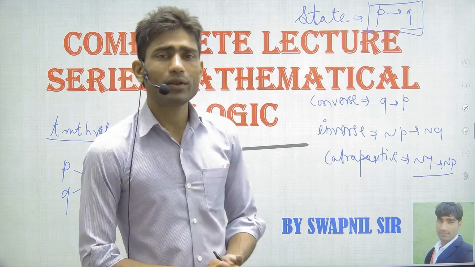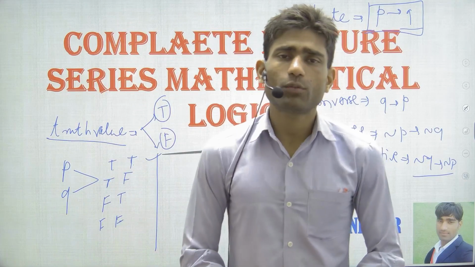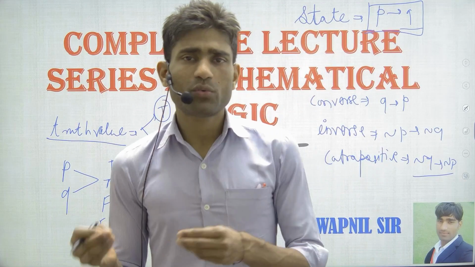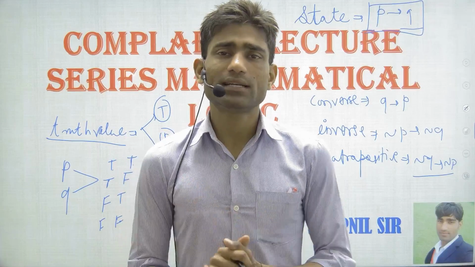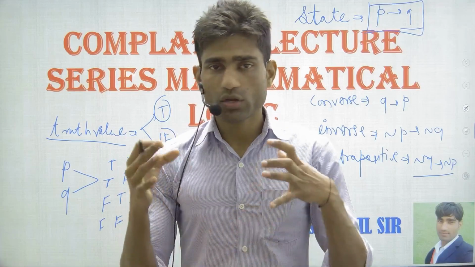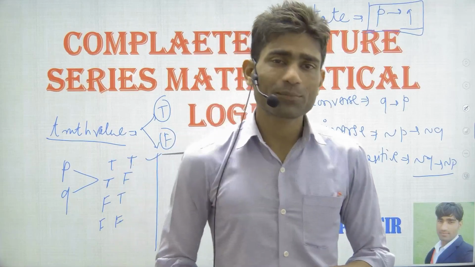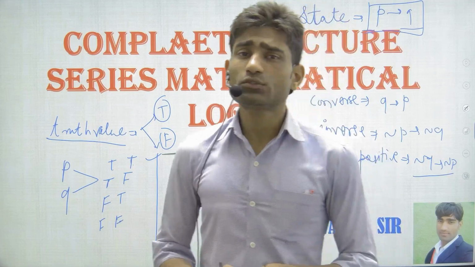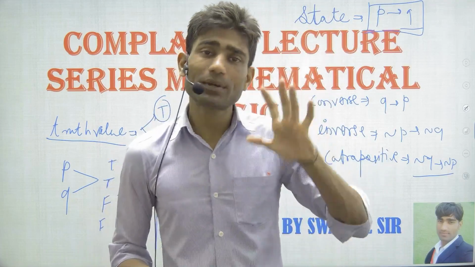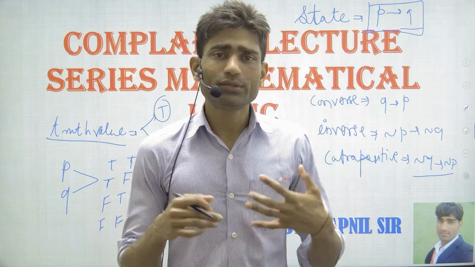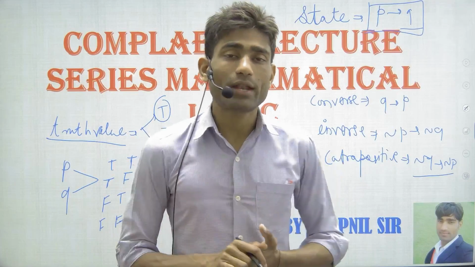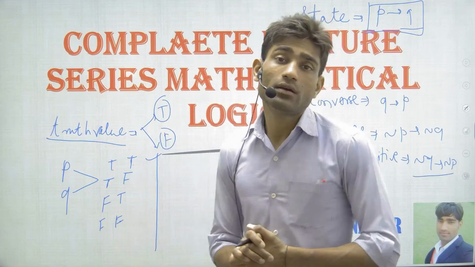Now whenever you get a question in our board exam to find the converse, inverse, contrapositive, first convert our statement into symbolic form. Find their converse, inverse, contrapositive in symbolic form, and once you get the symbolic form, write the values back, so you will get the required statement.